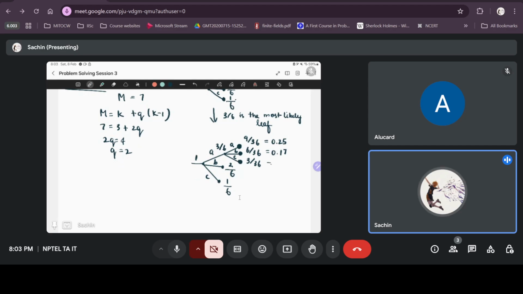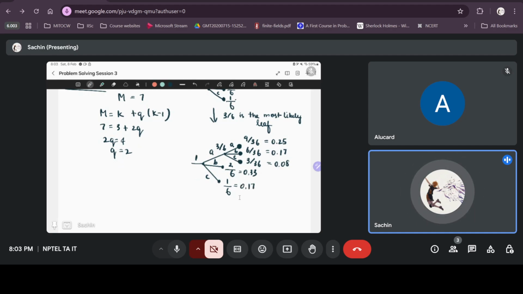I'll write it as 0.17. 3 over 36 is 1 over 12, which is 0.08. 2 over 6 is 0.33. 1 over 6 is 0.17.